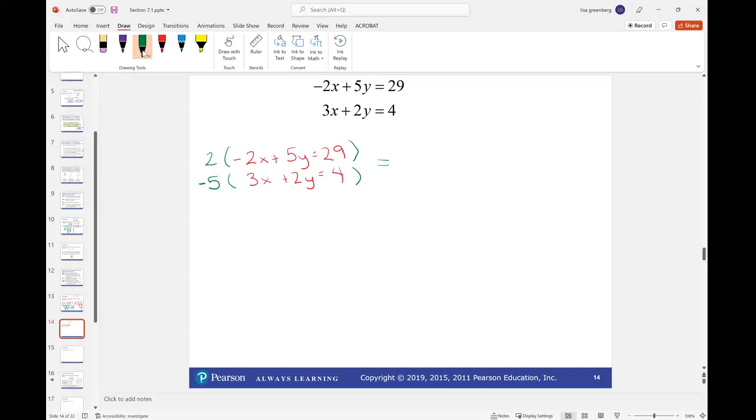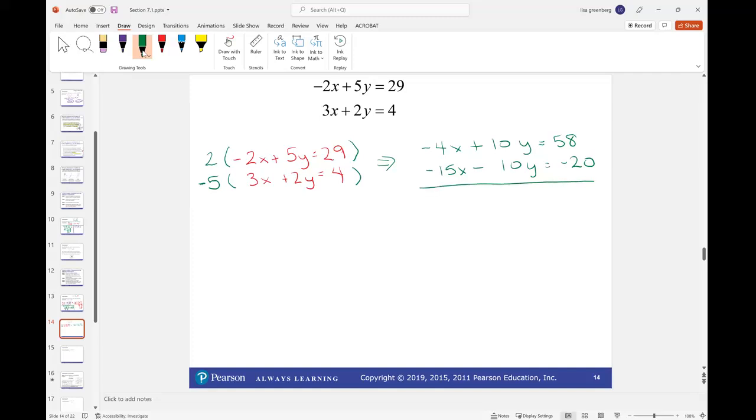So what do I get? I get -4x plus 10y equals 58. And I get -15x minus 10y is equal to -20. So don't forget you're multiplying every term, including the answer, by -5.